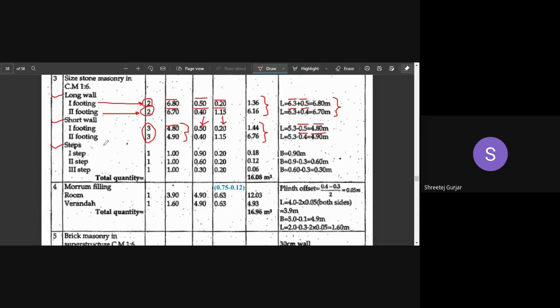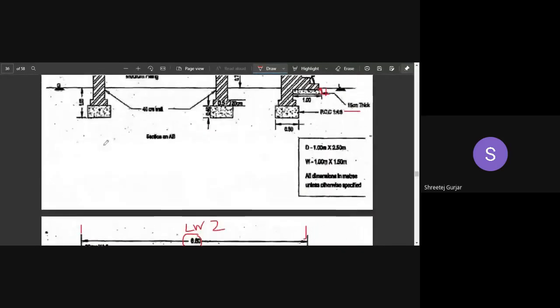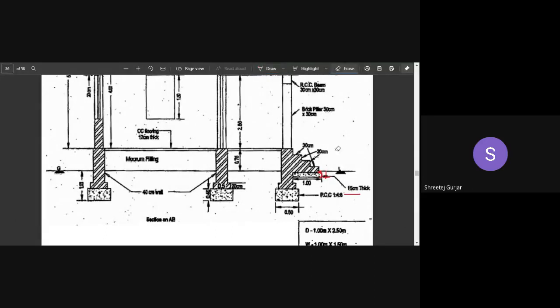Now moving on to steps. If you look into your section for steps, how many steps are provided? 3 steps are provided. This quantity we have already calculated, the first step and second step, so now we are left with this quantity. This is your first step, this is your second step, and this is your third step.